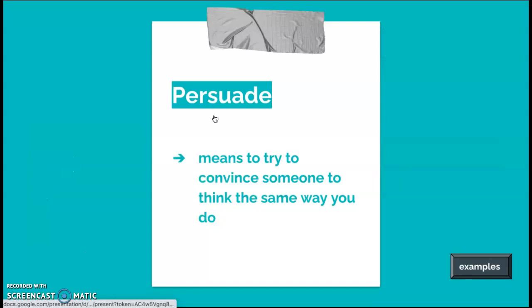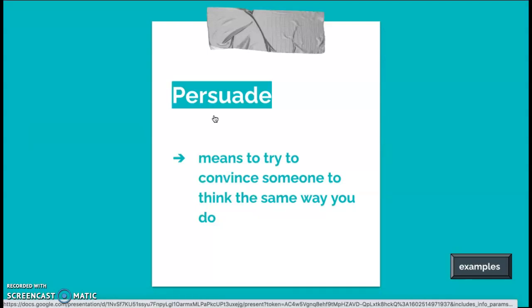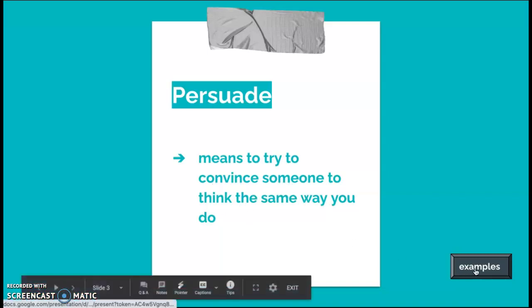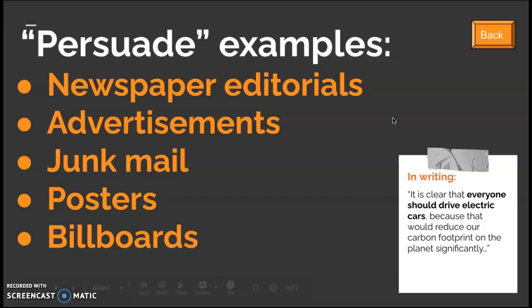The first type of writing that we're going to talk about is persuasive writing. And I'm sure all of you are familiar with this. Persuasive writing is the type of writing that is meant to try to convince someone to think the same way as you do. So if we click here, you can see some examples. A lot of times newspaper editorials, which are personal opinions, have persuasive elements in them.